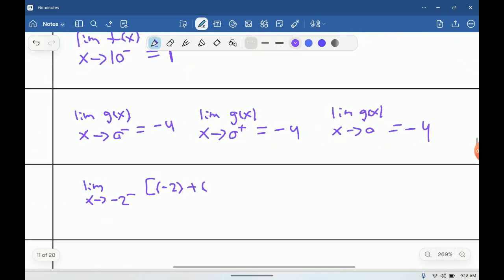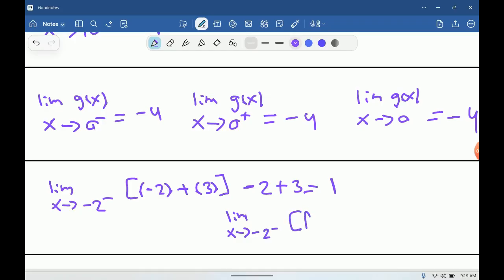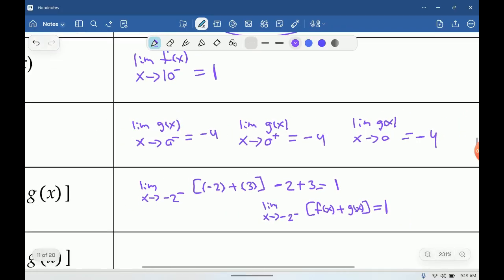So we're going to go down here and add 3 to where the g of x would be. -2 plus 3 equals 1. So we would say that our limit as it approaches -2 from the left for f of x plus g of x would equal 1.